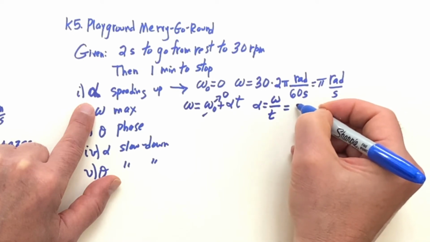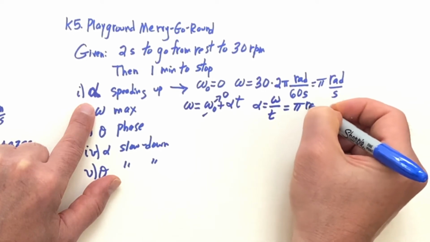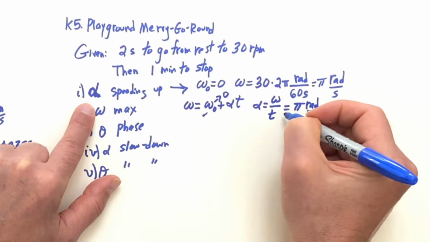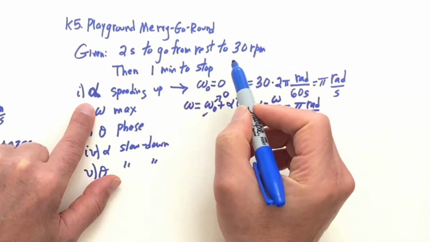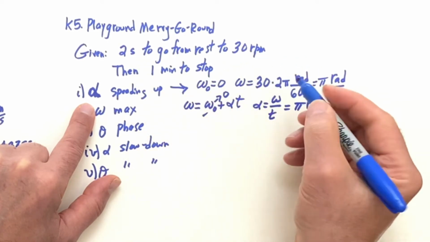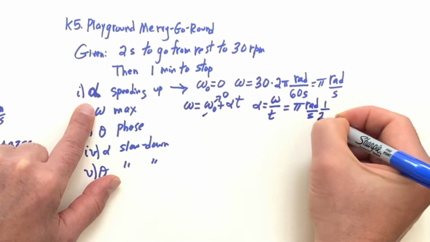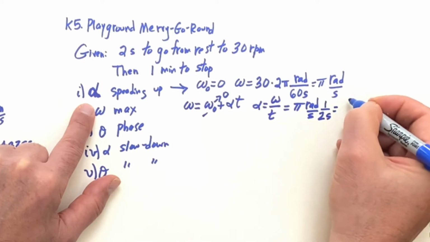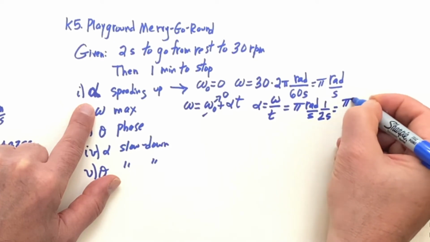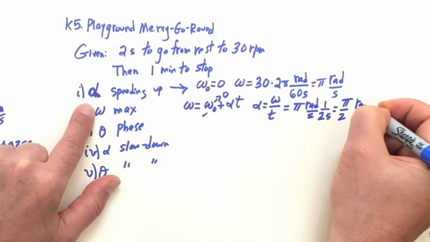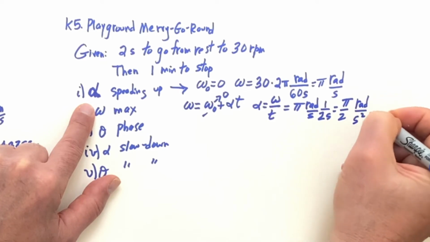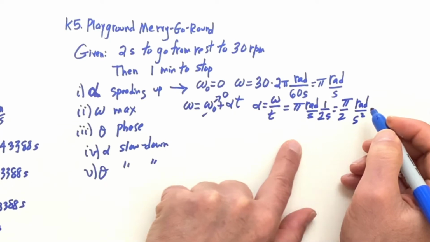The omega is pi rad per second, and the t is 2 seconds. So this is going to be pi over 2 radians per second squared.